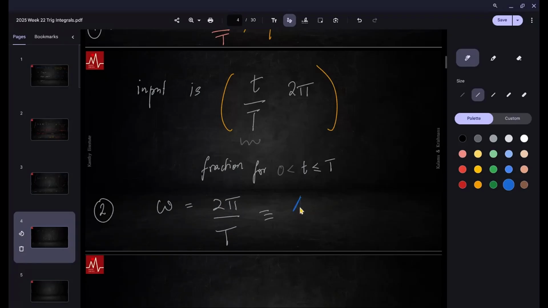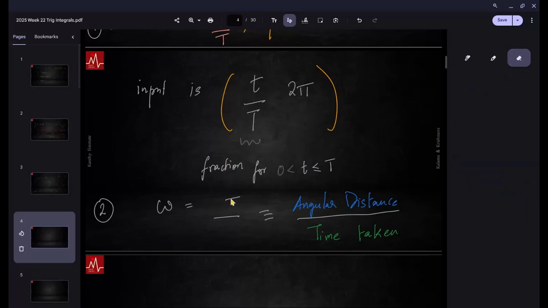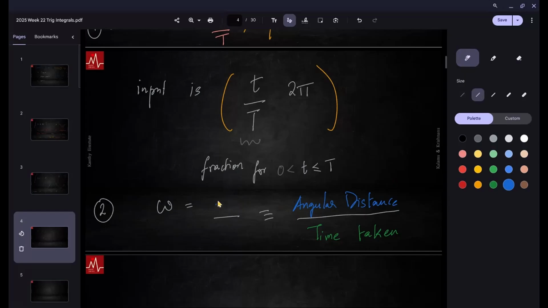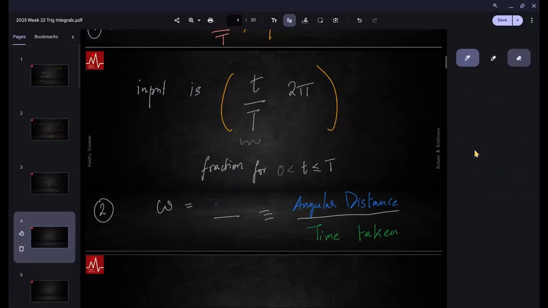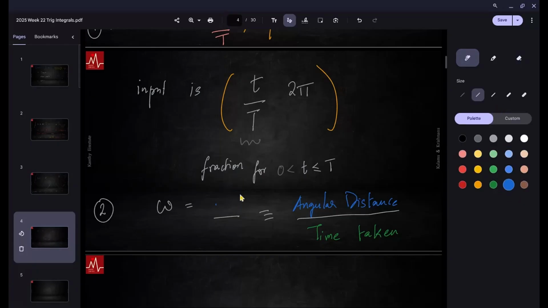So you could say this is angular distance in radians, by time. This is 2 pi by t. This is also another way to look at it, and it is also useful at some places. Based on this interpretation, we'll call this the angular speed.